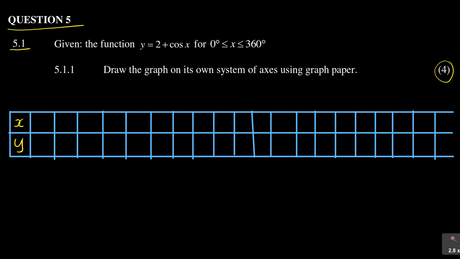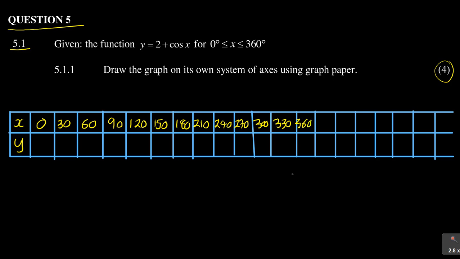Let me write those, which is 0, 30, 60, 90, 120, 150, 180, 210, 240, 270, and then we have 300, 330, and 360, so which means I had more points there.